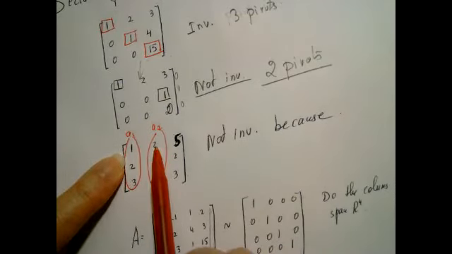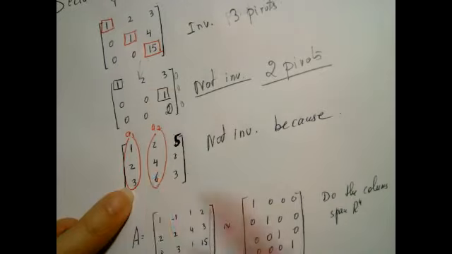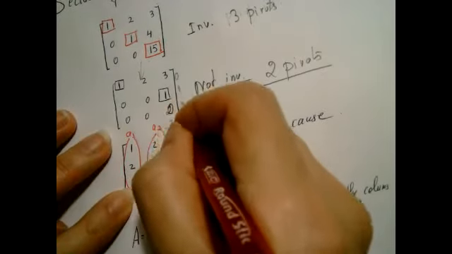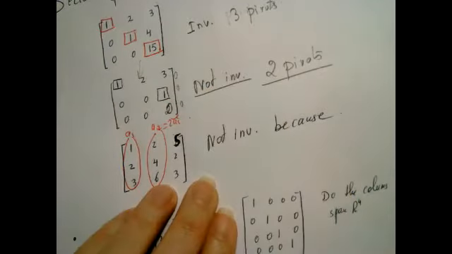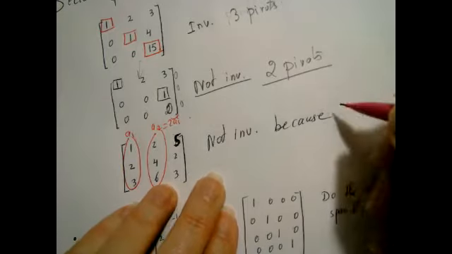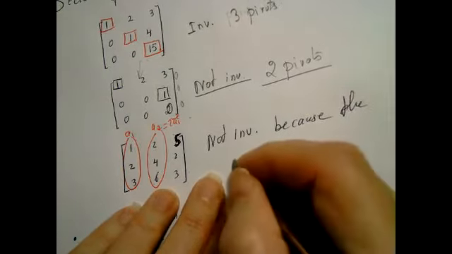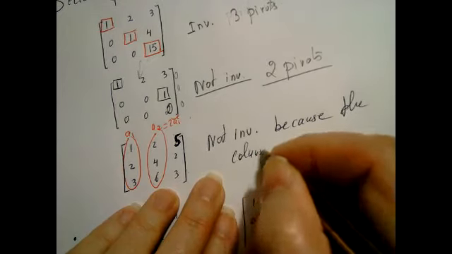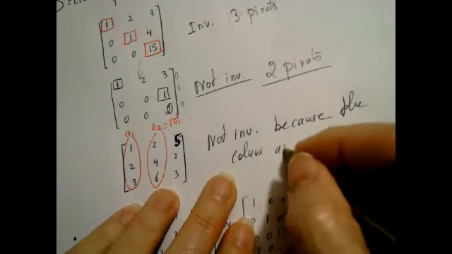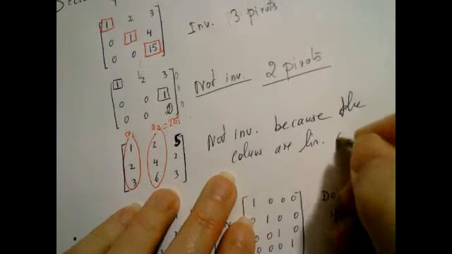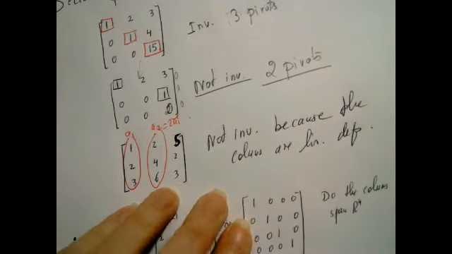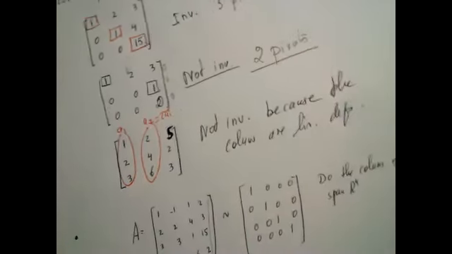A2 is 2 times A1. So the columns are linearly dependent. When I reduce, there is no way I'm going to get the identity, because the columns are linearly dependent. That immediately will stop the invertibility.